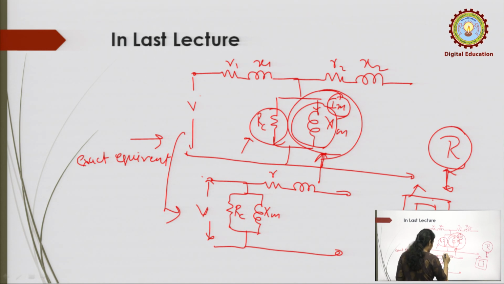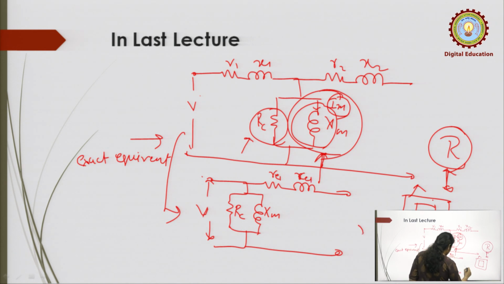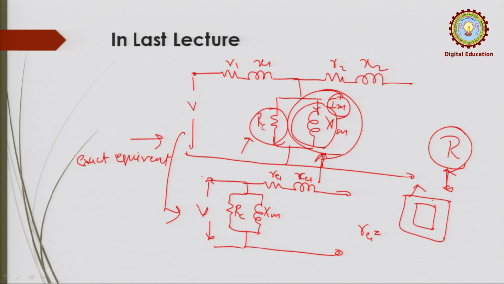This is RE1, this is XE1, where RE1 is R1 plus R2 dash and XE1 is equal to X1 plus X2 dash. Or we can write the equations in this manner: RE2 is R2 plus R1 dash and XE2 is equal to X2 plus X1 dash.